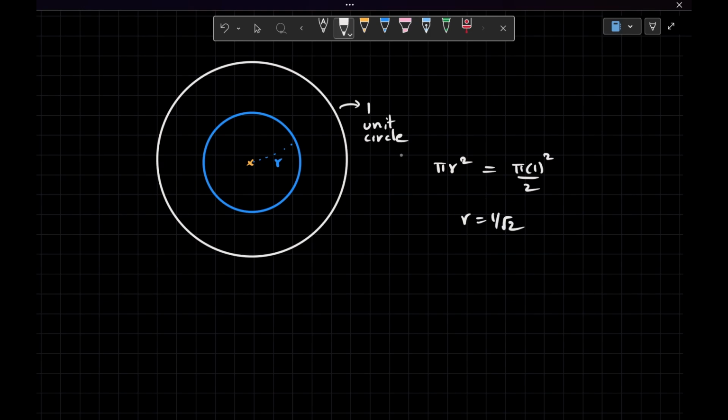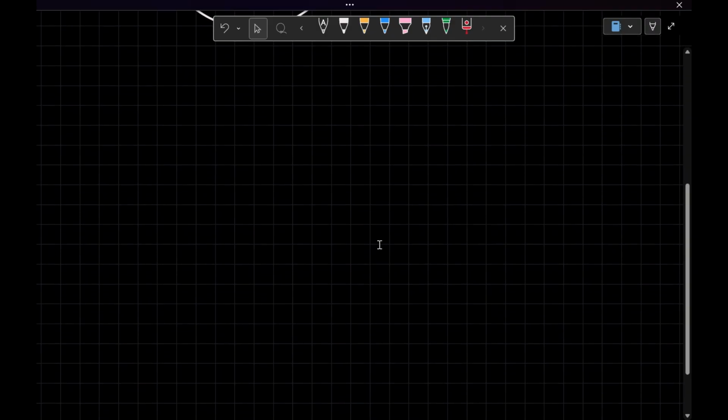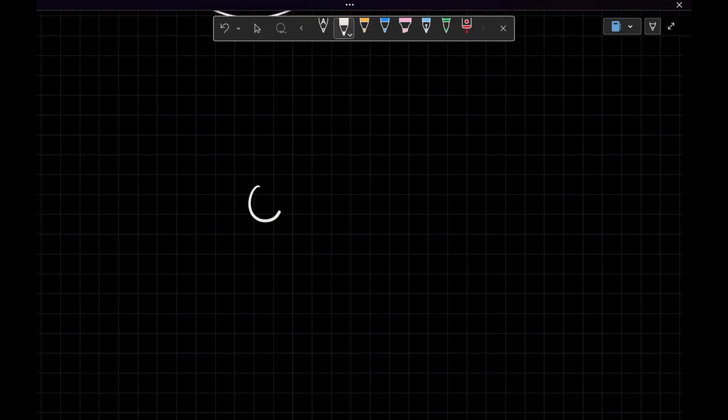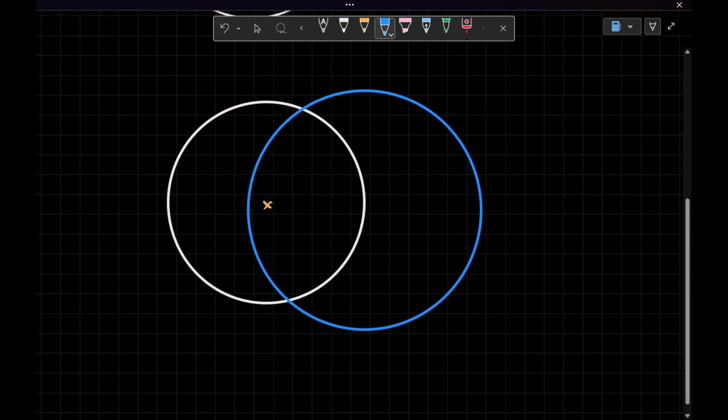But things will get a little bit complicated when you actually tie the goat at the edge of the circle. Let me draw this. Okay, this is our circular field, and as usual this is the center, and now instead of the center, we tie the goat to the edge of the field.